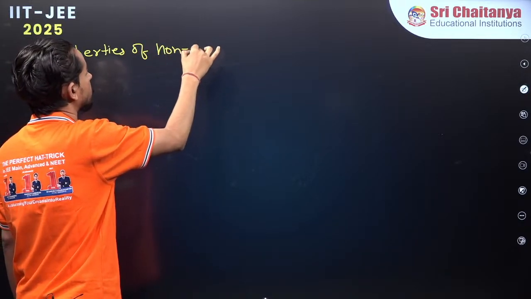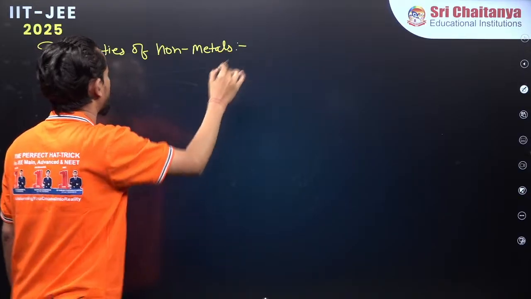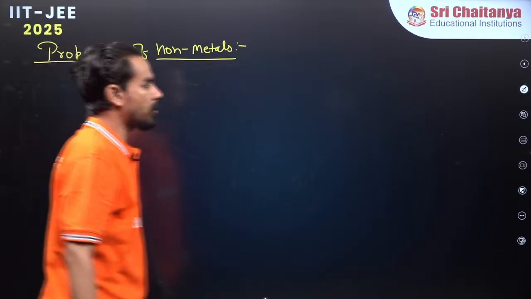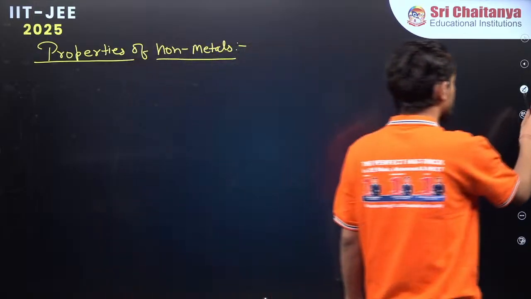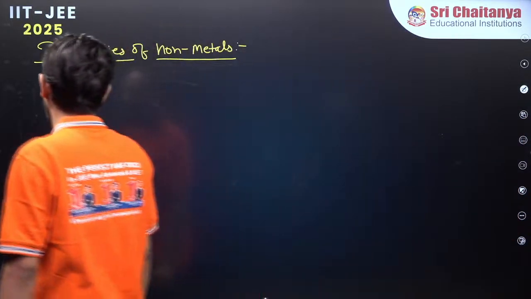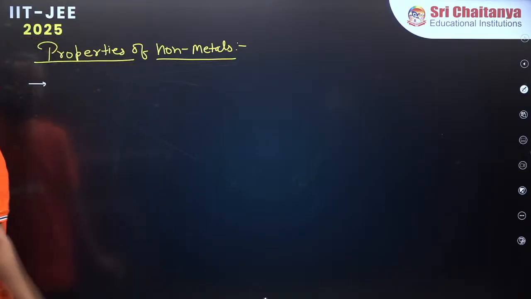Properties of non-metals. Just you have to see the properties of metals and write opposite of that. First of all, they exist on the right side, you have seen.